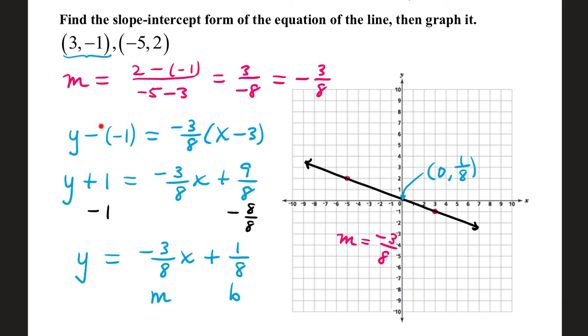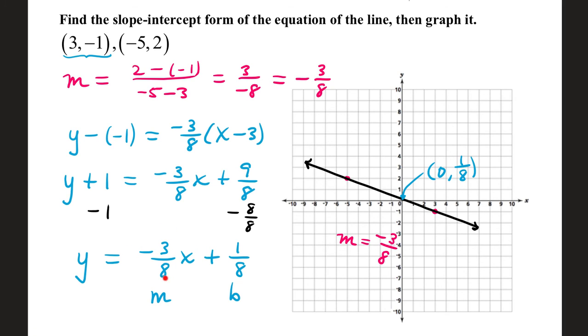On the left side of the equation, the two negatives back to back is a plus sign. Solving for y, I subtract 1. On the right side, I subtract 1. That's still 1, 8 over 8. It's a weird looking 1, but I did it so I'd have a matching denominator. 9/8 minus 8/8 is 1/8, leaving us with an equation in slope-intercept form of y equals negative 3/8 x plus 1/8.